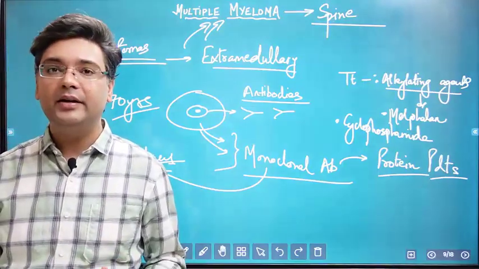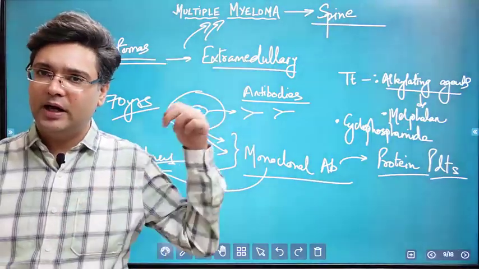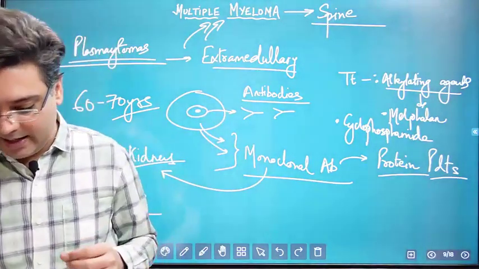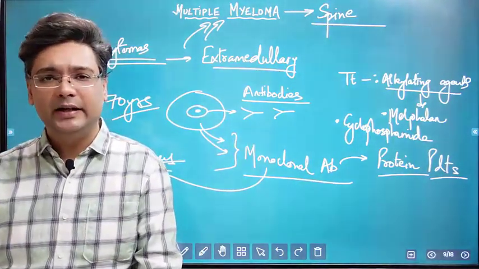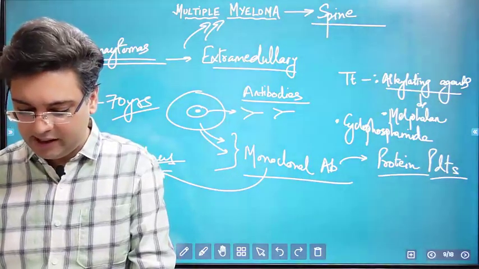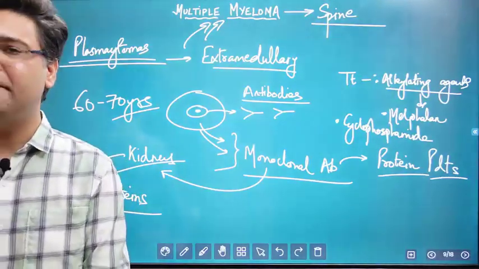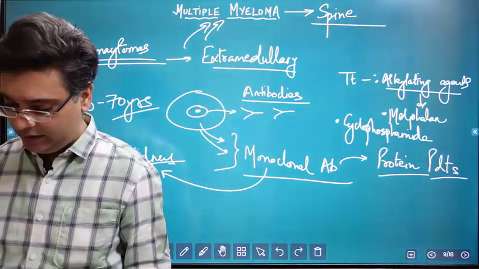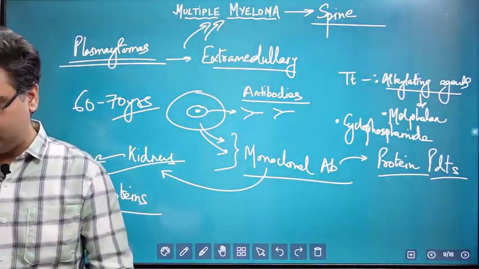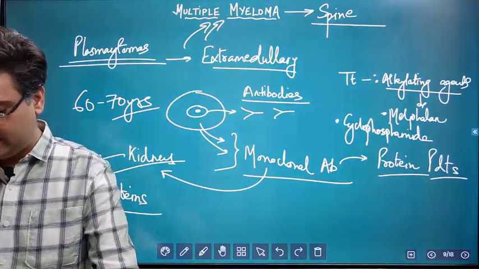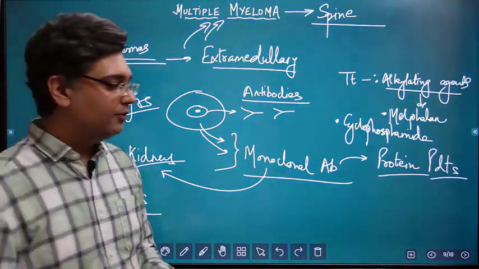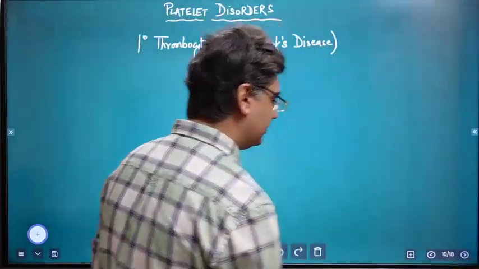What is the treatment? Treatment generally is by radiotherapy of multiple myeloma, and you give 4000 centigray dosages of radiation and the patient would be hopefully better. So this was talking about the various types of leukemias, lymphomas and multiple myelomas. Next we are going to talk about the platelet disorders.